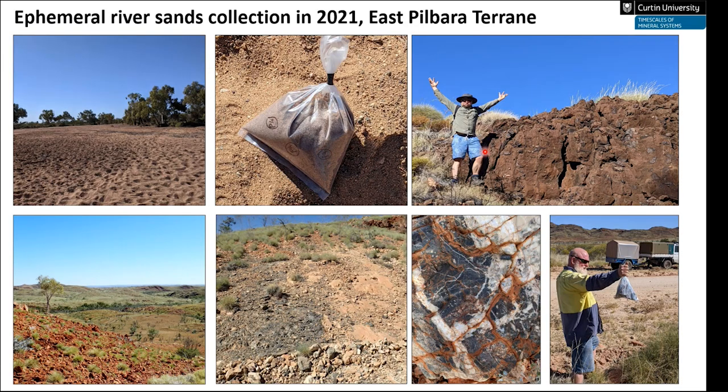So now let's apply what we've learned into a case study, kind of pulling together all the things I've just spoke about. Why study the Pilbara Craton? Well, it consists of Paleoarchean to Paleoproterozoic continental crust, and few places in the world offer such extensive exposures of Archean crust, and therefore insights into ancient continental crust production.